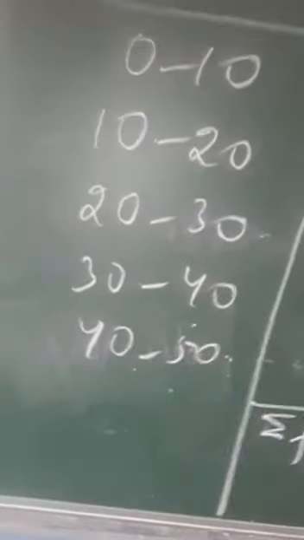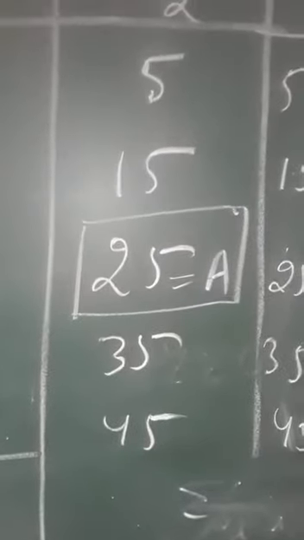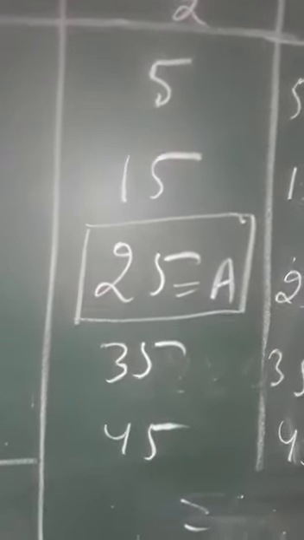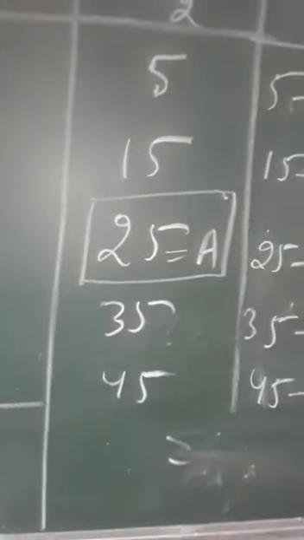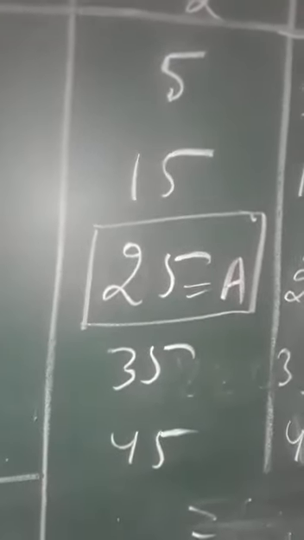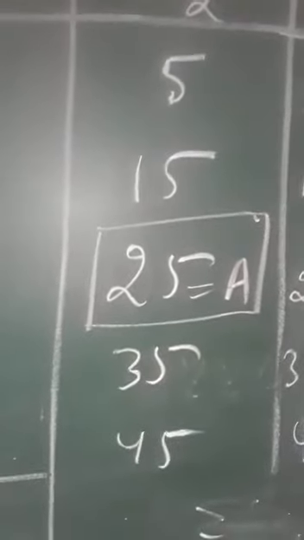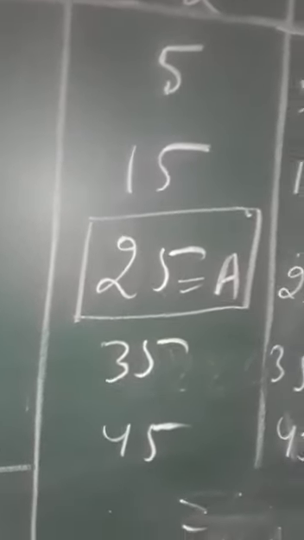When we have the same class size, meaning the difference between the upper and lower limit is the same, then you can add that class size to the previous class mark to get the consecutive class mark.